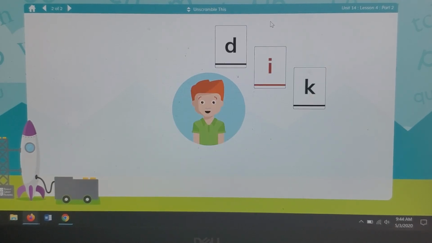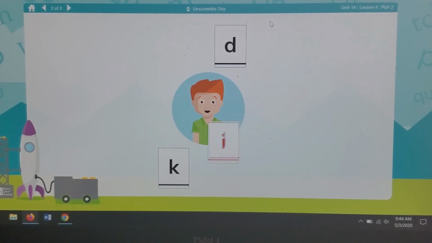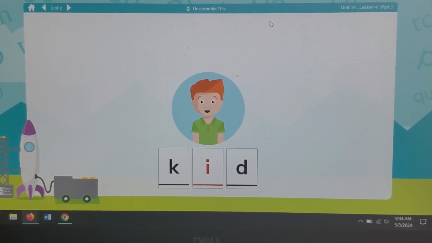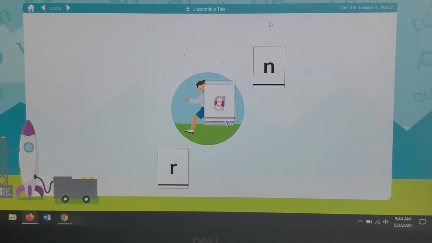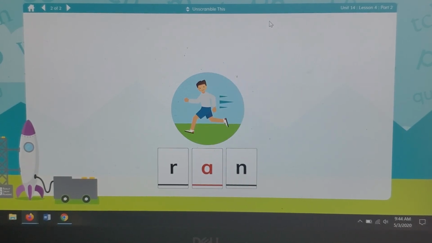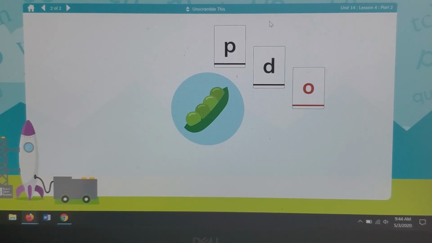Next we have kid. Let's say the sounds, please. K, i, d, kid. Next is ran. R, a, n, ran.